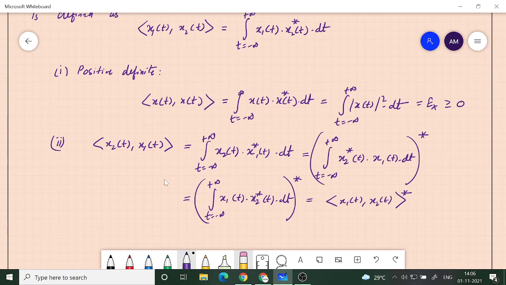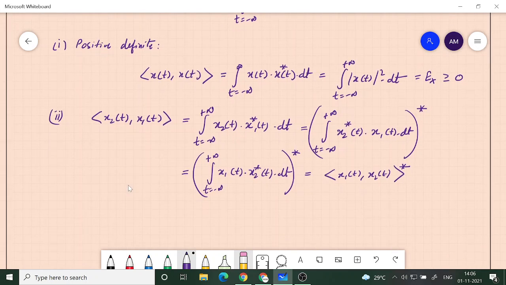So this is the Hermitian conjugate property. If you change the order, you are taking what is called the Hermitian conjugate.